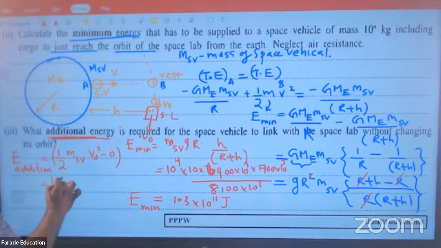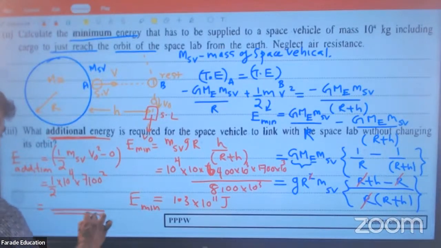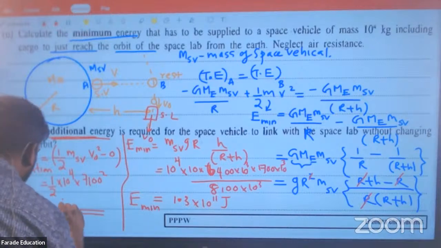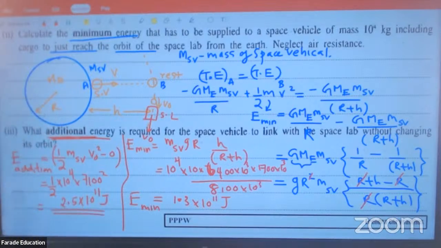Mass of space vehicle 10 to the power 4. Orbit velocity 7,100 squared. Additional energy, how much? 2.5 times 10 to the power 11 joule.